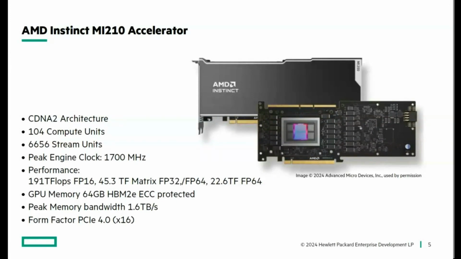It clocks at 1700 megahertz, and its peak performance is 191 teraflops. Depending which metric you want to use, they quote different performances here. GPU memory is 64 gigabytes of HBM2E, ECC protected, and its peak memory bandwidth is 1.6 terabytes per second. This is one of the advantages of GPUs, this high memory bandwidth.